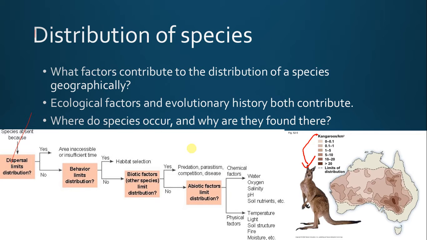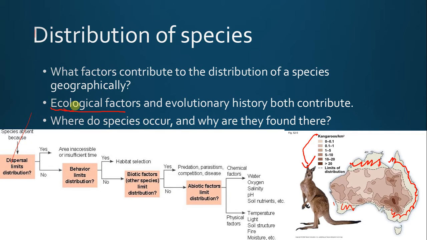In addition, within Australia, you can see right here, this dotted line represents the zone of maximal distribution, or where the zones of distribution for various species of kangaroo are. And you can see that these areas on the outside, you won't find kangaroo. This is caused by ecological factors. On this outside red shaded area are cities, so that is one of the reasons, due to an ecological factor, that kangaroos aren't found there.